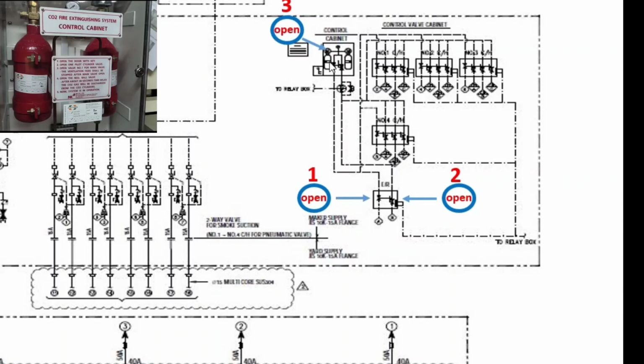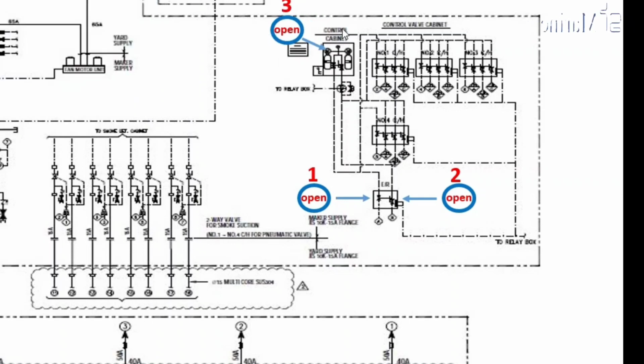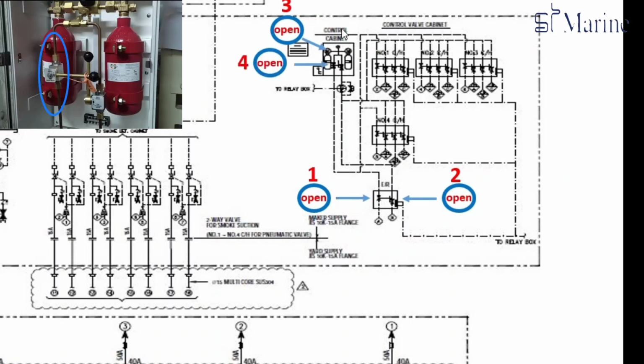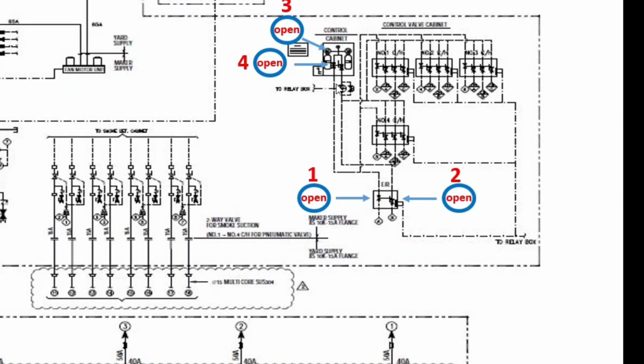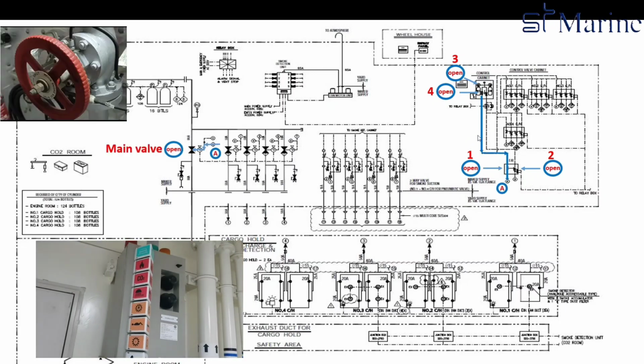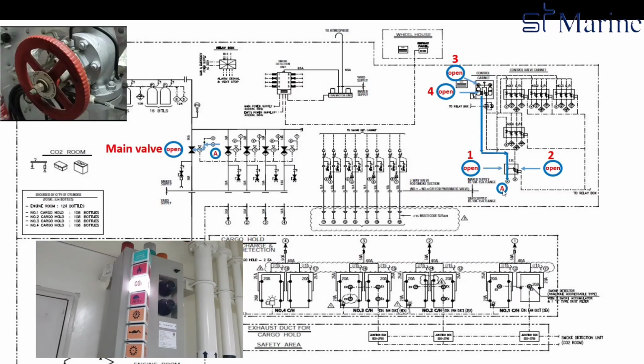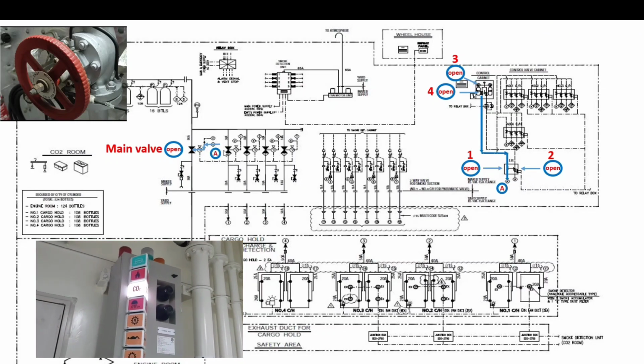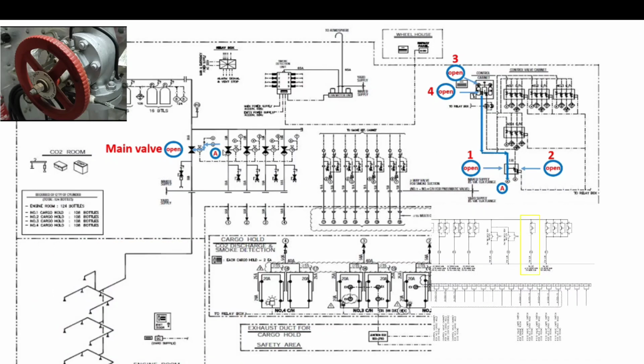Then from the control cabinet, open one or both pilot gas bottles. Then open the number 1 valve in the control cabinet. After opening the number 1 valve, the pilot gas will activate the main valve, and at the same time the alarm will come in with the engine room fan stop.